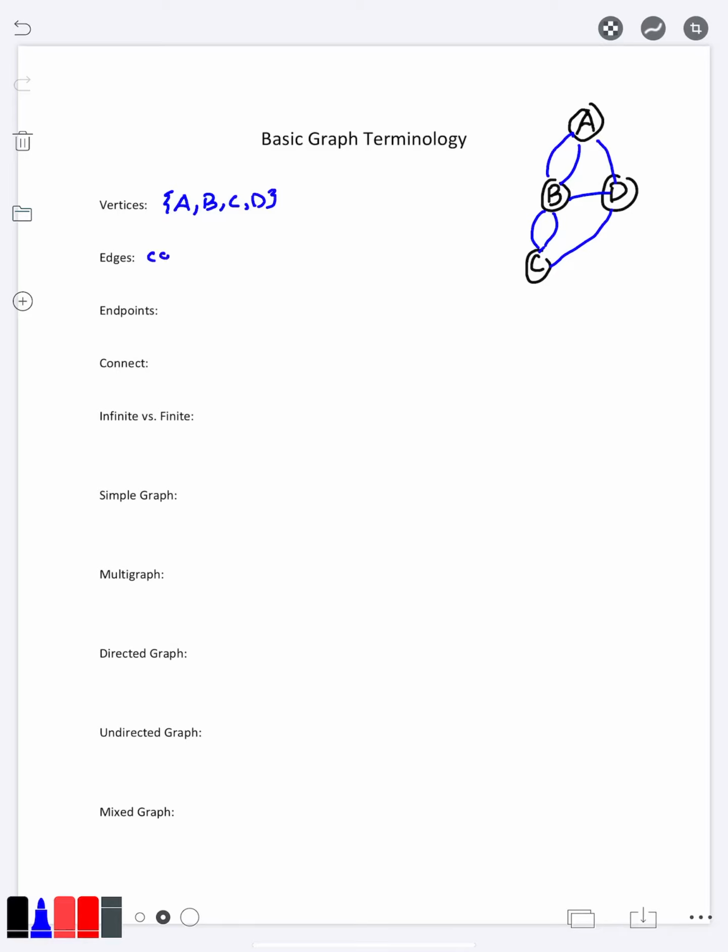The edges connect two of the vertices. And so, for example, this edge right here connects vertex A to vertex B. So edges are what we use to connect vertices.